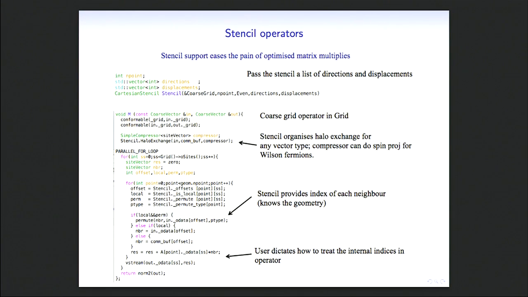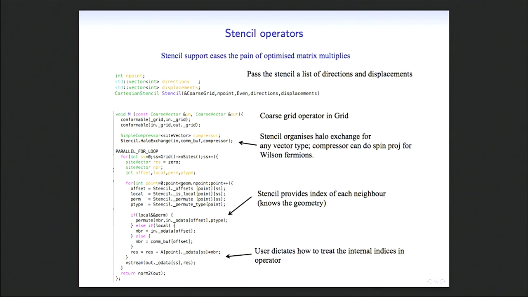And the idea is that you create a stencil object where you list the directions in which it's going to shift and the displacements with which it's going to shift by, and then build up a stencil who knows only about the geometry of the stencil, and then the stencil can handle the halo exchange and communication for that particular stencil pattern.